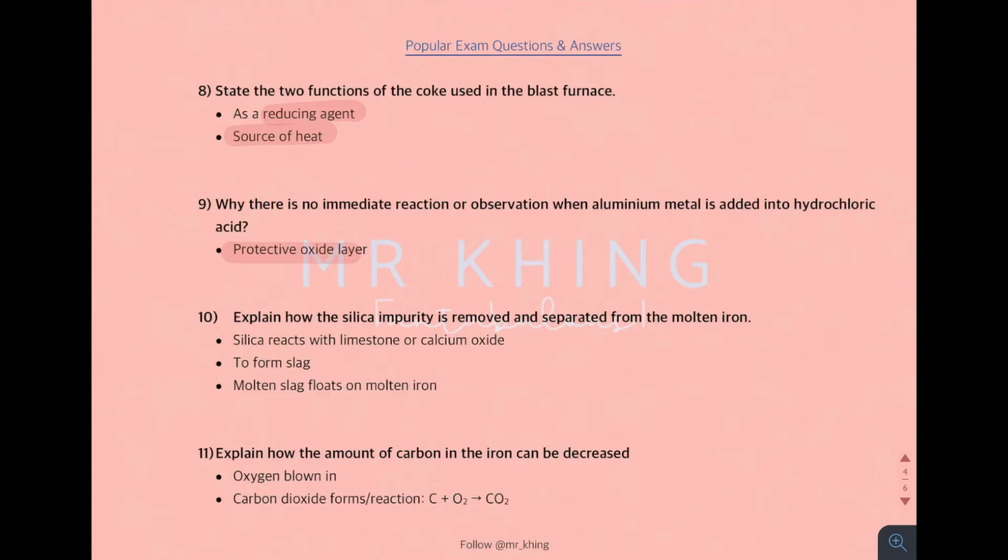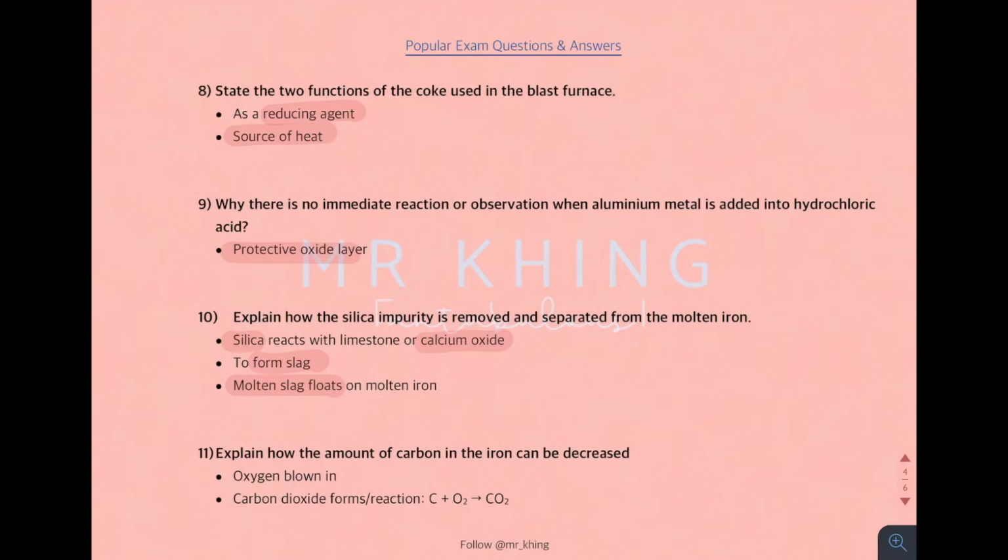Okay, next. Explain why the silica impurities are removed and separated from molten iron. Like how and why. The silica impurities react with calcium oxide to form slag. Remember slag has a lower density compared to molten iron. Therefore the molten slag will always float on molten iron.